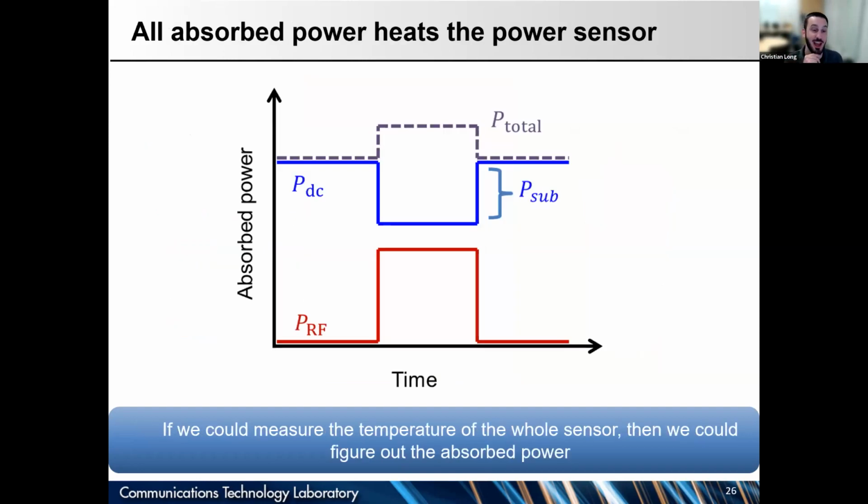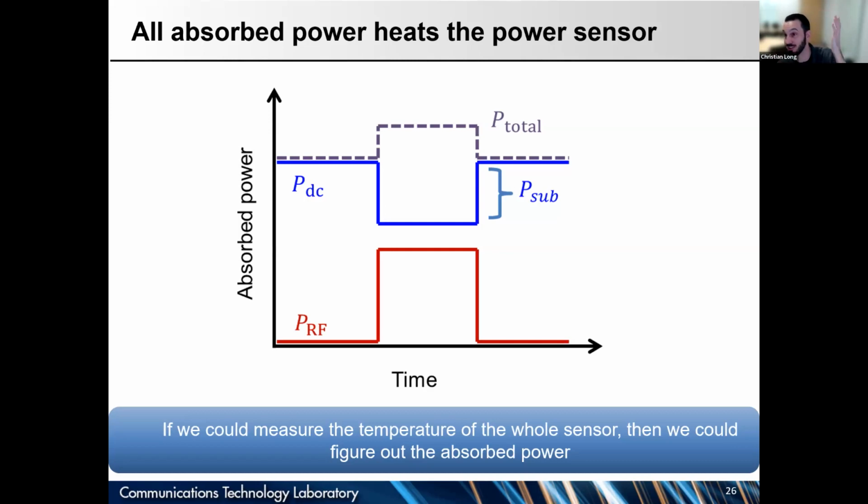So if we just think about the absorbed power as a function of time, the DC metering electronics in a bolometer are going to try to heat up the resistor, even when there's no RF power, and hold it at a constant resistance. Then if we add some RF power, the DC metering electronics are going to back off the DC power. And by looking at the change in DC power, we can get something proportional to the RF power, but it's not a perfect measurement. There's always extra loss.